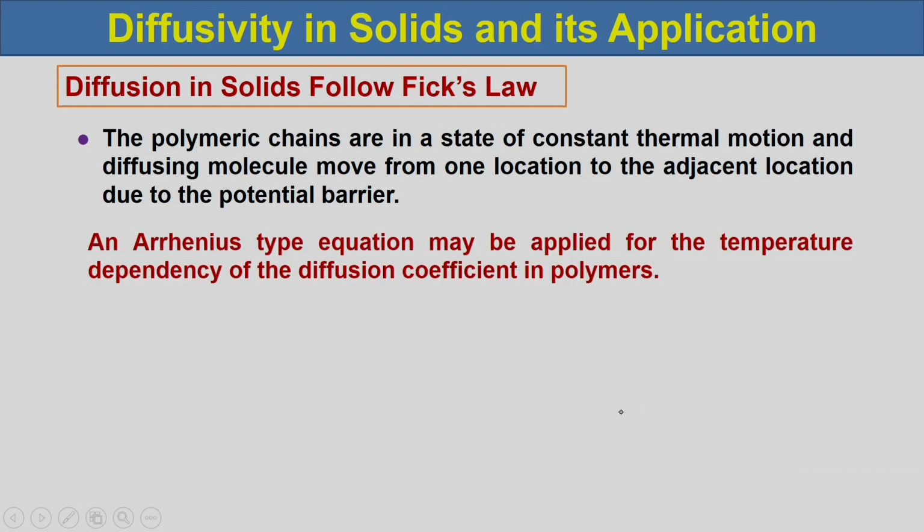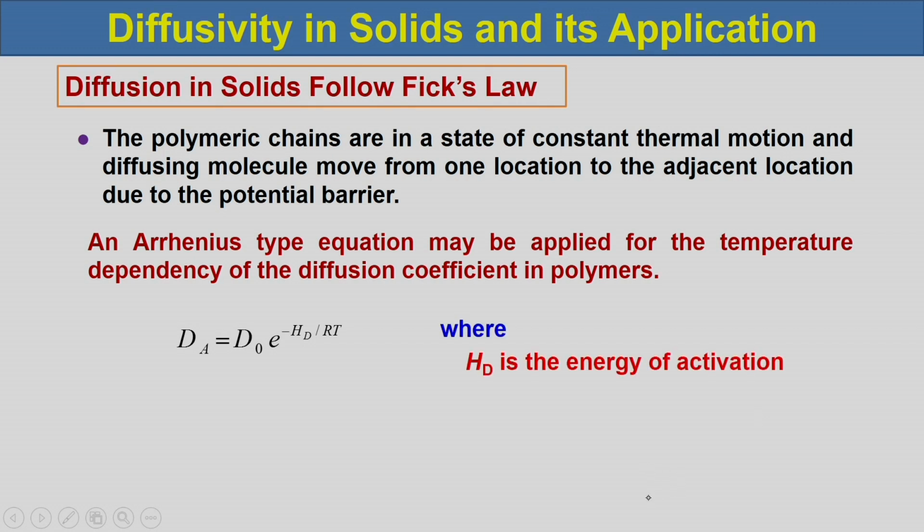An Arrhenius type equation may be applied for the temperature dependency of the diffusion coefficient in polymers. This is the relation of the diffusion coefficient, which is an Arrhenius type of relation, where we can write D_A equal to D_0 e to the power minus H_d by RT.